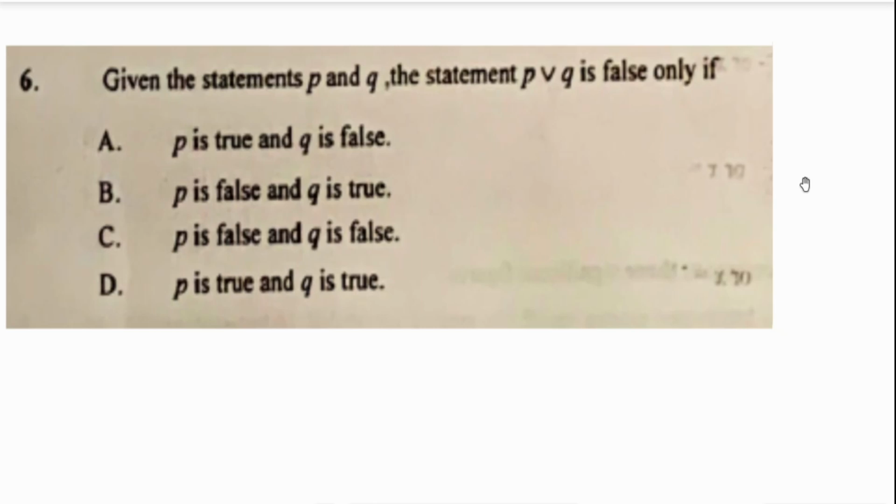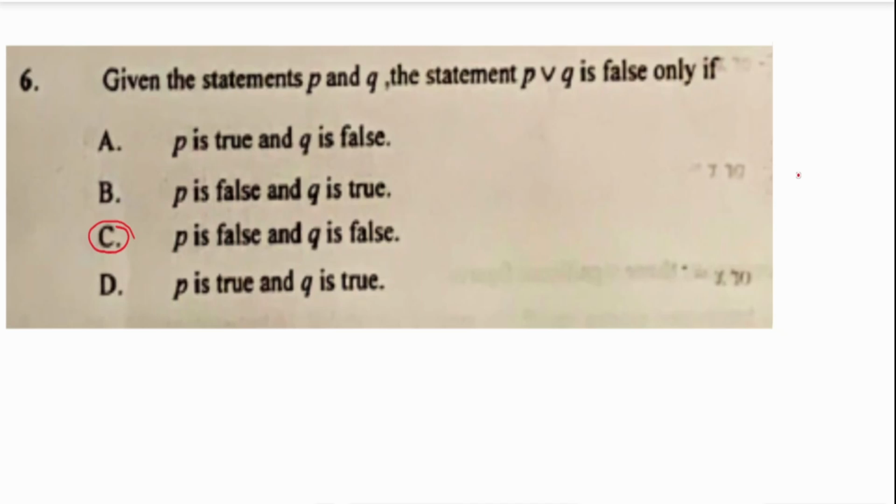P union Q will be false only if both P and Q are false. So when it's a P or Q, it will be false only if both of them are false. If one of them is true, the statement is still true. So because of that, the correct option will be option C. P is false and Q is false.